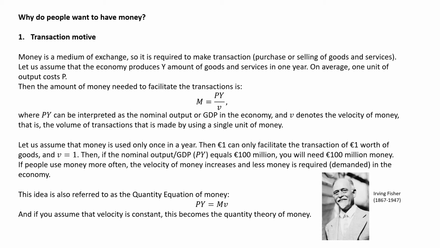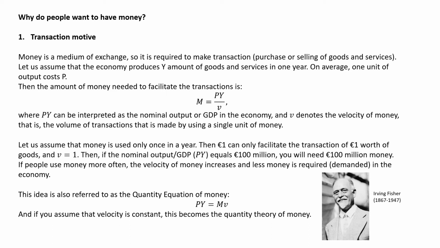The whole idea behind this transaction motive is also known as the quantity equation of money. By simply multiplying the previous equation by the velocity of money, we get the quantity equation. So the nominal GDP, or you can say the total value of goods and services in the economy, must be equal to the total amount of money times the velocity of money.